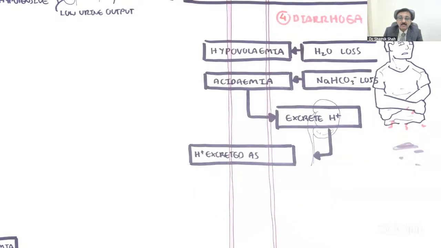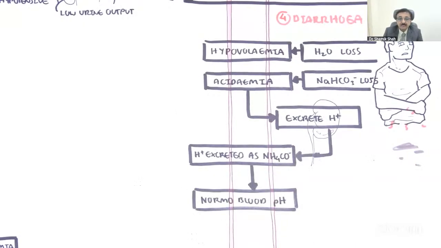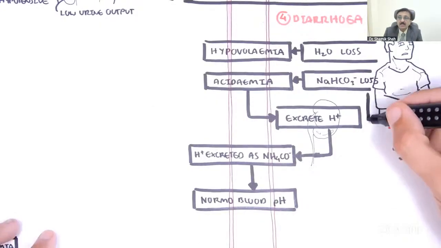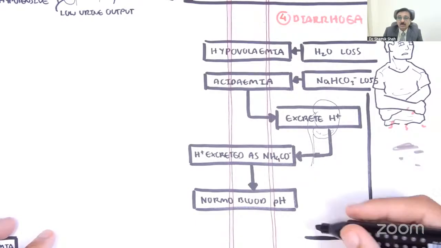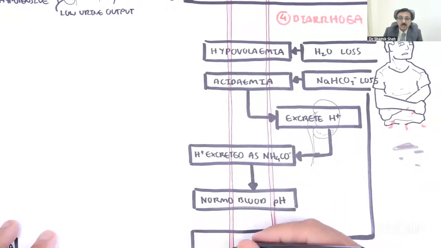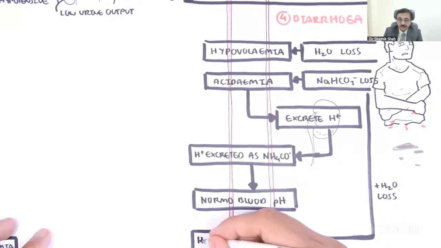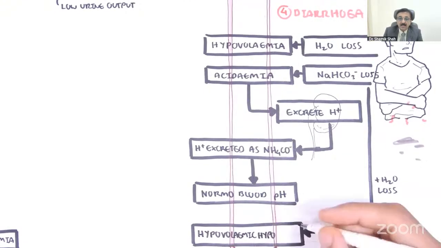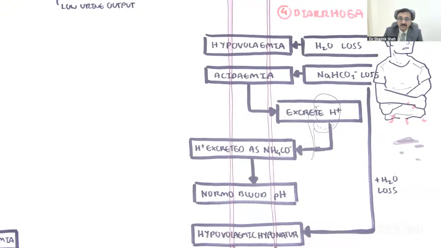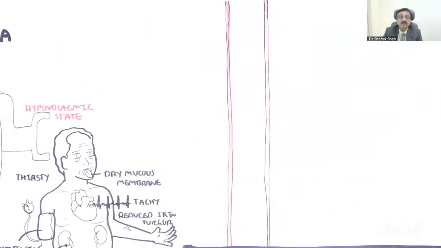So hydrogen ions are excreted as ammonium chloride actually, and this will cause a normalization of the blood pH. So when there is a loss of water from the body, and hydrogen ion is excreted as ammonium, the patient will have hypovolemic hyponatremia.